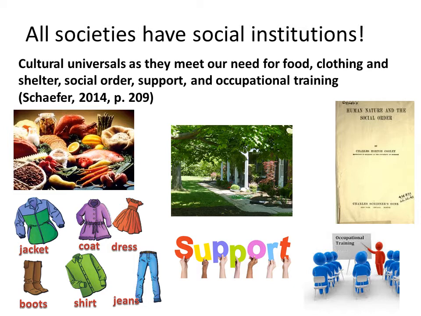So we might also have general practices such as cooking or marriage or religious rituals. All of these are cultural universals as they meet our needs for food, clothing, shelter, support, reassurance, occupational training, and social order.